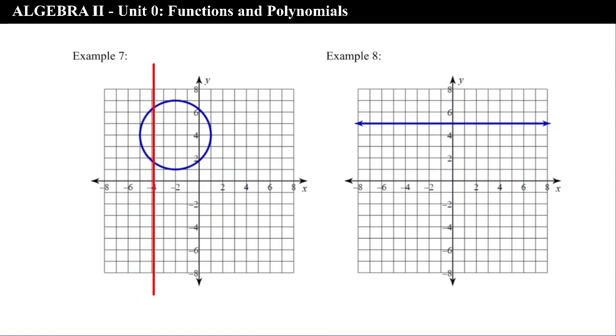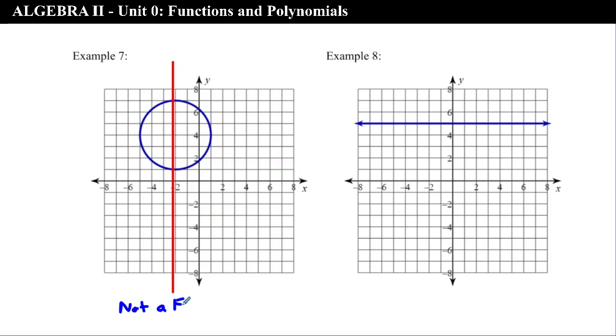If we draw this vertical line and drag it across, you can see that it's crossing the graph more than once, right? We have it crossing here, and we have it crossing here. So since it crosses this vertical line in more than one place, we can therefore say that this is not a function.